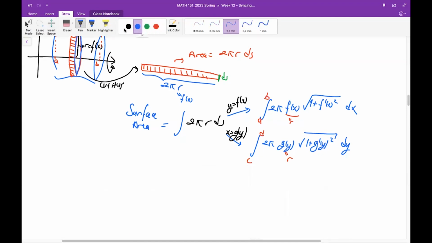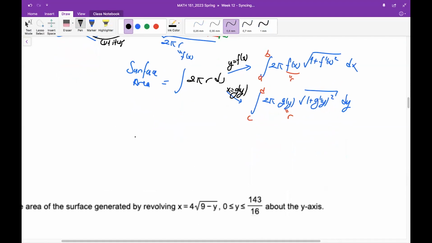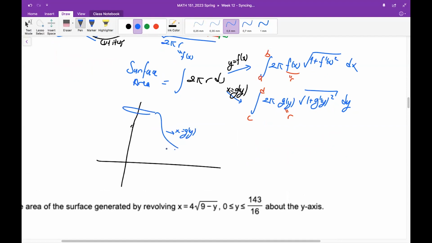Maybe I can also draw another picture for the y version to visualize what's happening. In the y version, the curve is like that, given in the form x equals g of y, and you are revolving it around the y-axis, not x, but y.